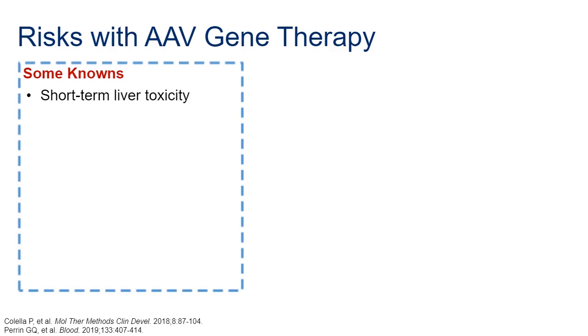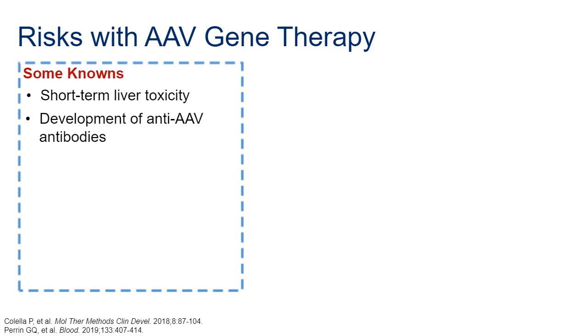And that has, in general, responded to short courses of steroids. But from several trials, we know that a few patients have required longer treatment of immunosuppression, and so that raises questions about toxicity. Patients will develop anti-AAV antibodies if they are exposed to the virus, which will, at this point, preclude their receiving additional dosing.